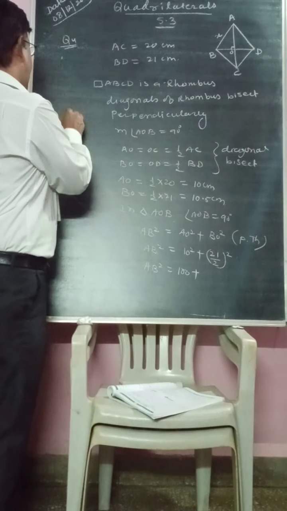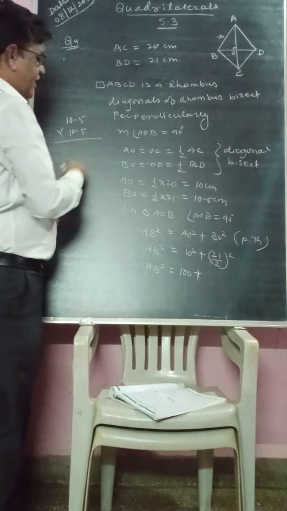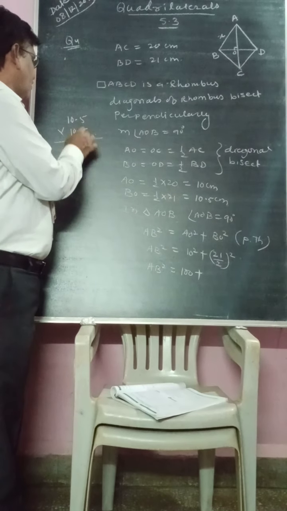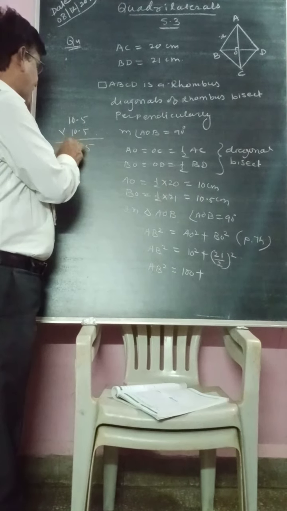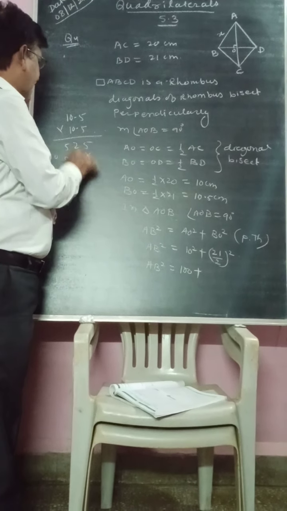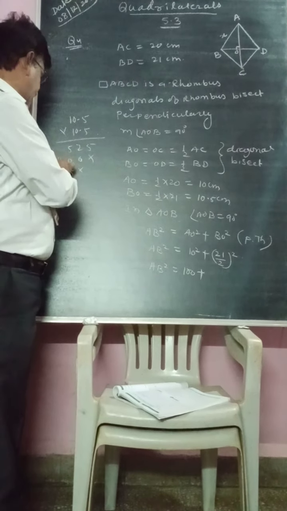See here, 10.5 squared, 10.5 into 10.5. 5 5s are 25, carry 2, 5 0s are 0, plus 2 is 2, 5 1s are 5, and then 0 0 0, and here 1 5s are 5, 1 0s are 0, 1 1s are 1.